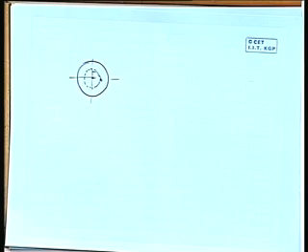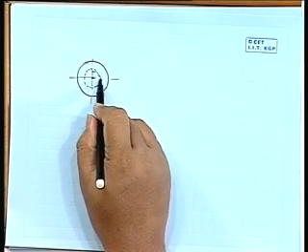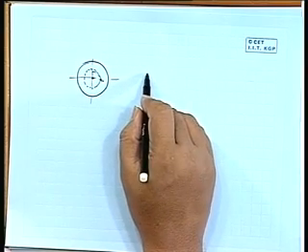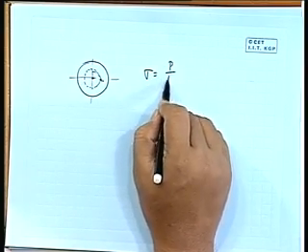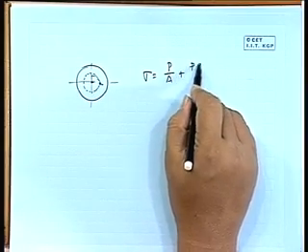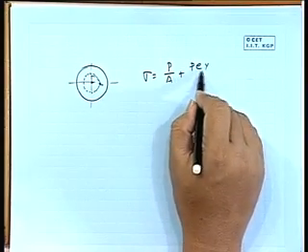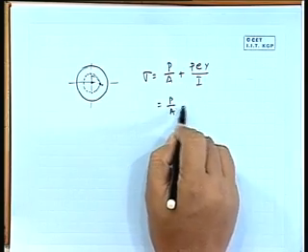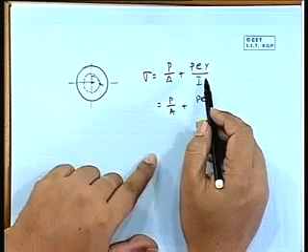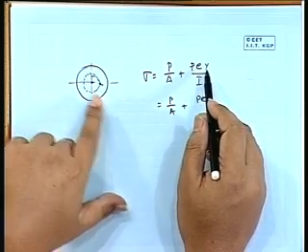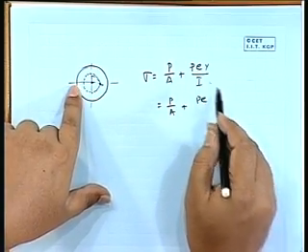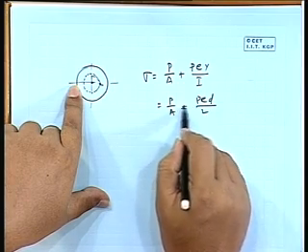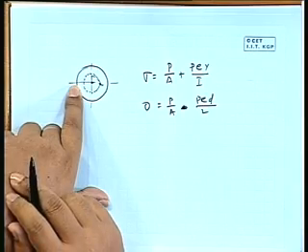Here, to find the limit, we already know sigma equals P by A plus P into e, the moment, into y by I. Now we can write P by A, P e, this part with y equal to D by 2, minus, and make this equal to 0.